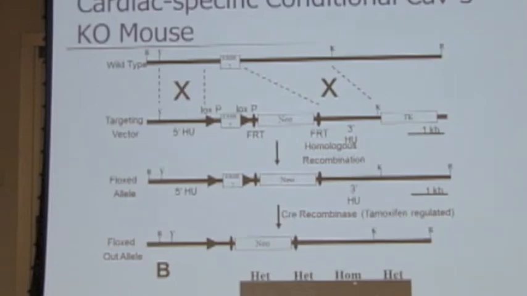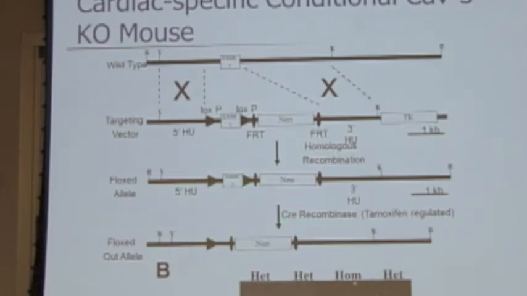Basically what we did here is we created a knockout mouse by putting LOX-P sites flanking exon 2 of the CAV3 gene, and then we could cross out so we could get this floxed mouse.